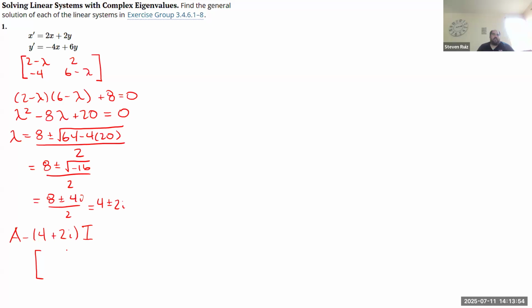So what does that matrix look like? What is 2 minus 4 minus 2i? So minus 2 minus 2i, 2, negative 4, and then 2 minus 2i.